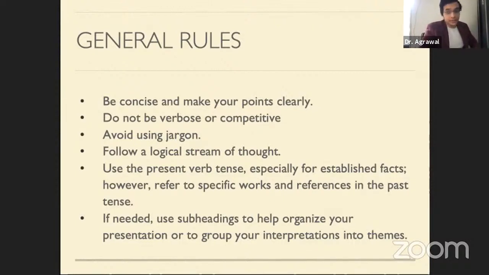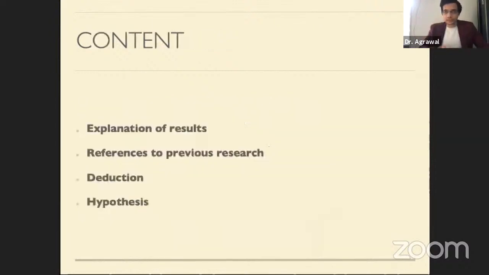Again, if need be, use subheadings to organize your discussion or your results section like we did with the methods section. There is no rule against doing this in a lot of different journals, so don't be scared of doing that if it helps you organize things and write everything in a systematic manner.